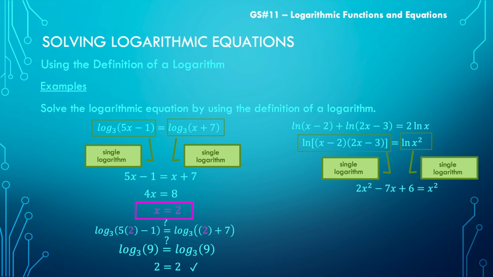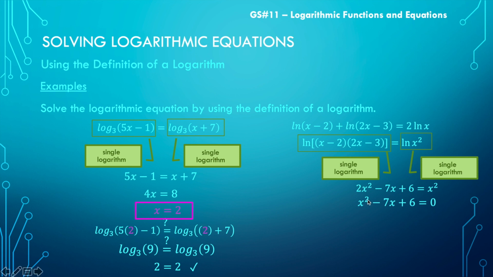Now, this is a little different than a linear equation because it's quadratic. Anytime you have a quadratic equation, you want to set it equal to 0. So this x squared on the right-hand side, we want to subtract that from both sides. So this right side is equal to 0. And we would have the result of x squared minus 7x plus 6 is equal to 0.